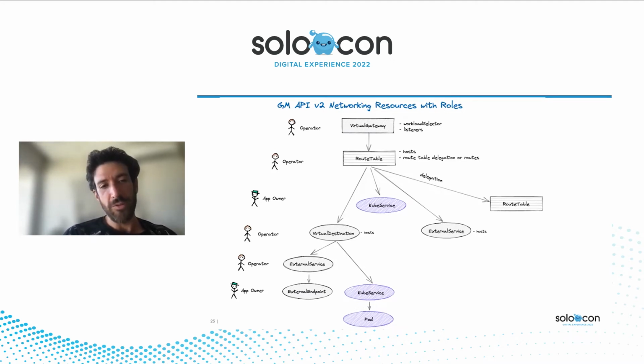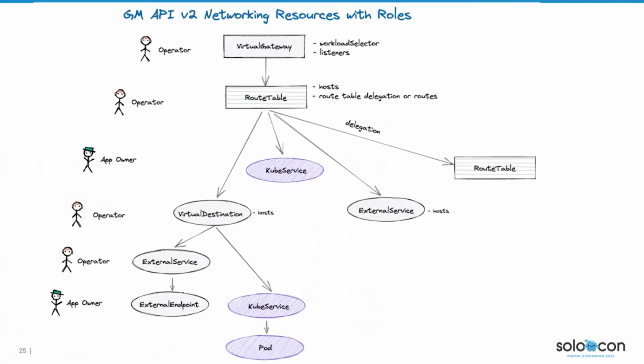They're pretty flexible. So the operator can define a root route table, which then routes traffic to configurations defined in different workspaces. It can route traffic directly to Kubernetes services, external services, which are statically defined outside the cluster, or what we call virtual destinations, which are groupings defined by users that basically aggregate services across clusters.